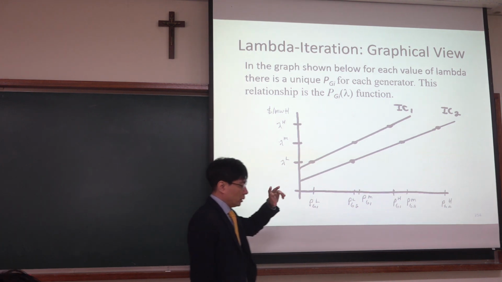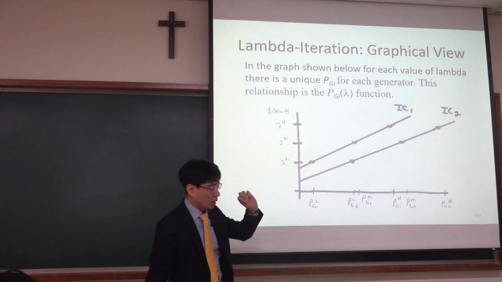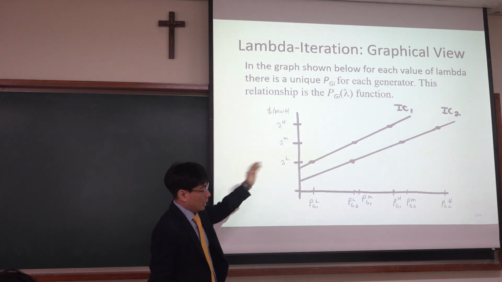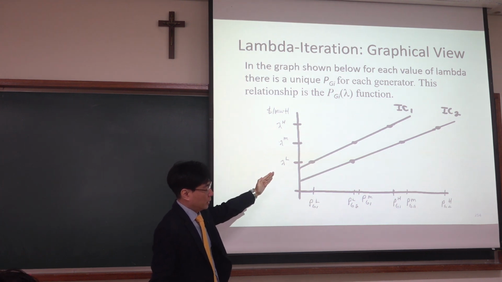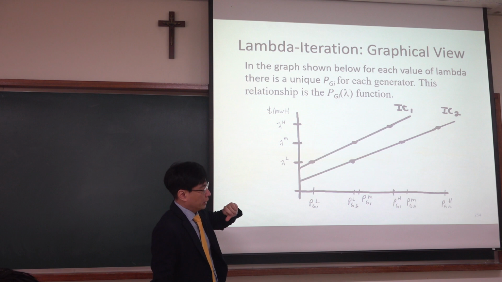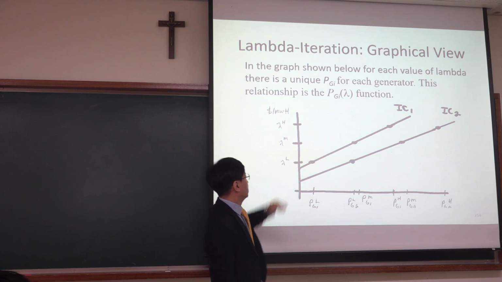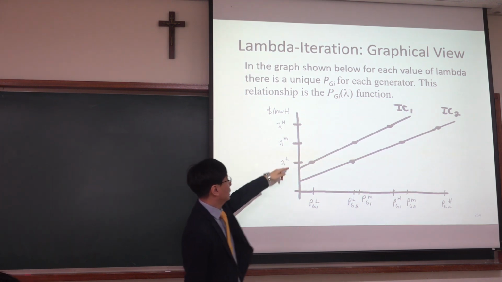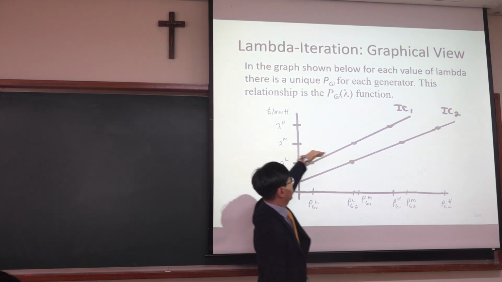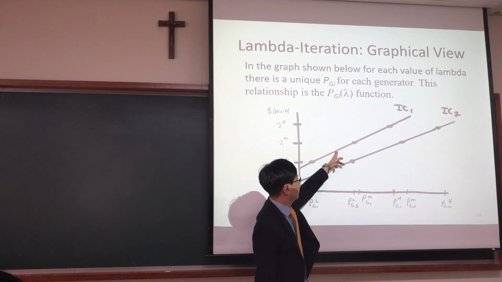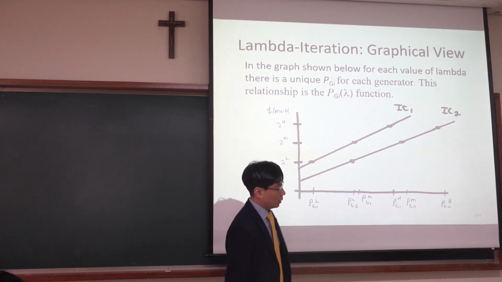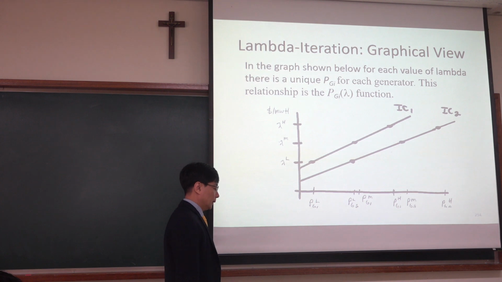Because each generator wants to produce economically, the marginal cost curve gives us the generation strategy given the price. So when the price is lambda here, you go in this direction and find the amount of generation of each generator.